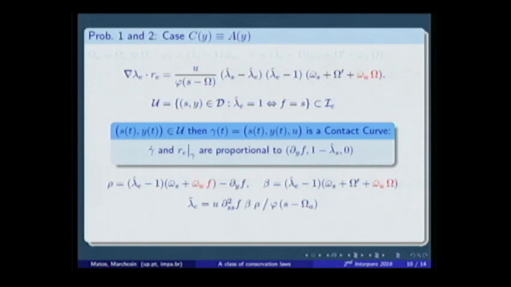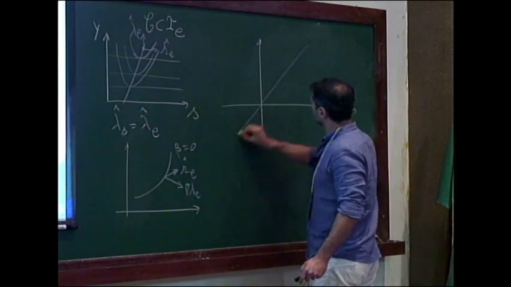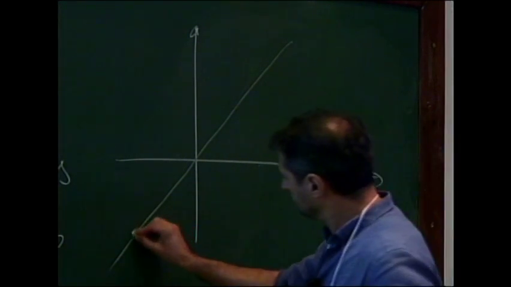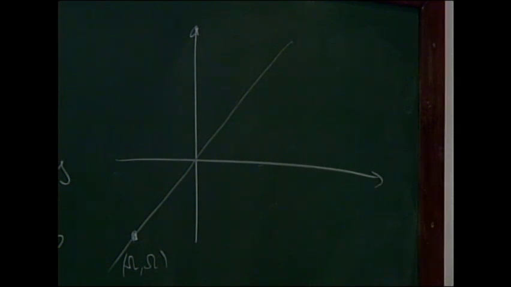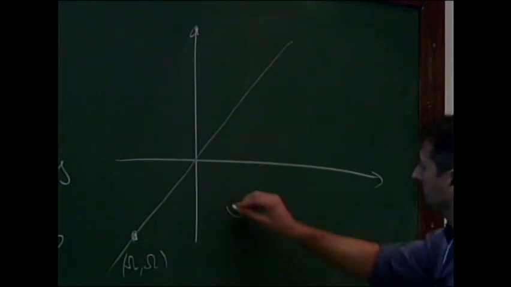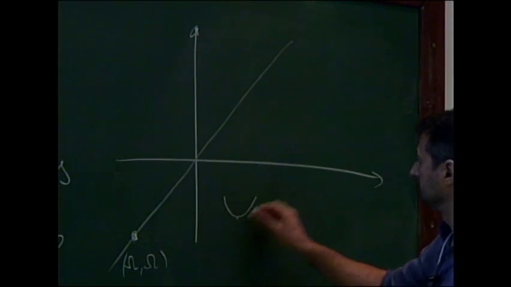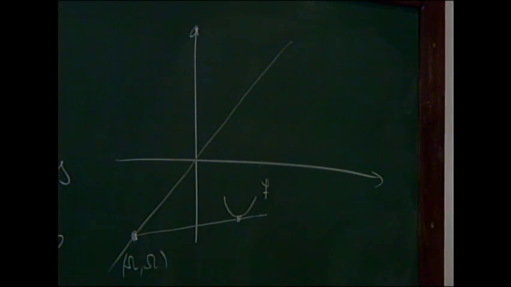So I'm in the case where A equals C. So omega lies here. Now, what I say is that if I have a function f with something like this, with a positive second derivative, here I can compute how lambda E behaves.